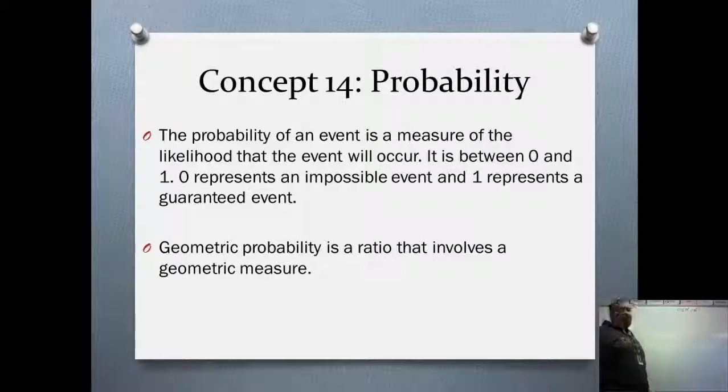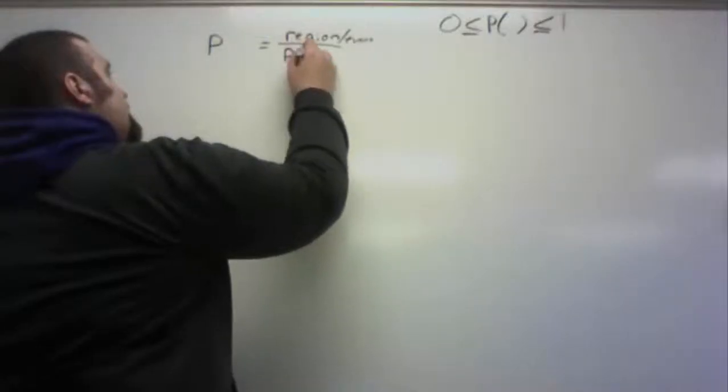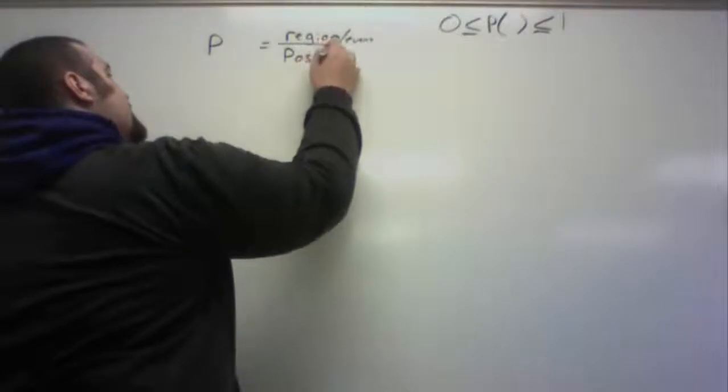Now, to find probability, usually probability is represented as the spot it could be or we're interested in, or the region, or the event, or whatever we're looking at. And this is the number of possibilities of where we could choose it from.